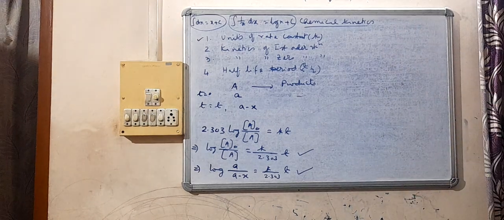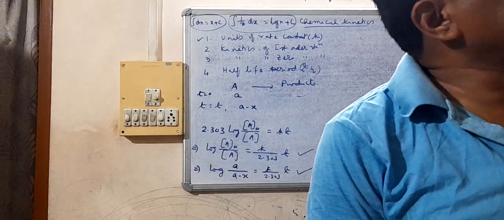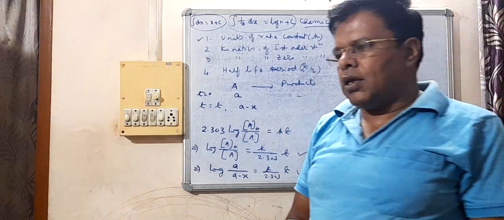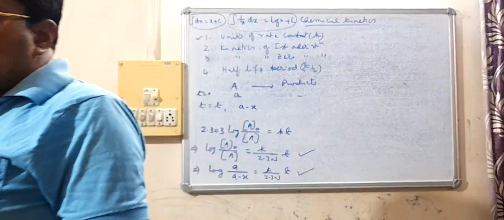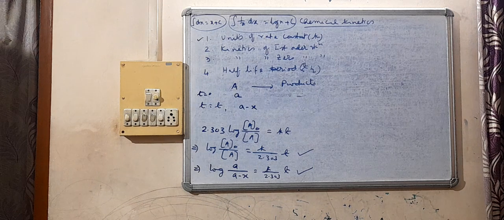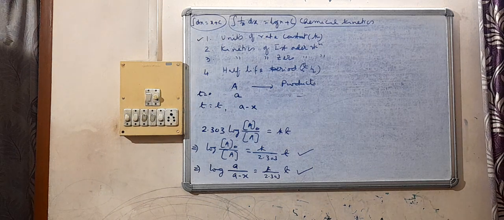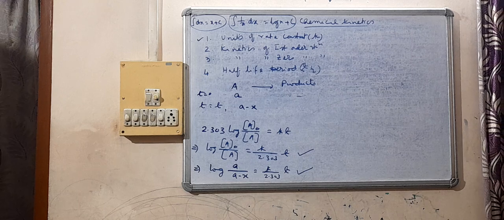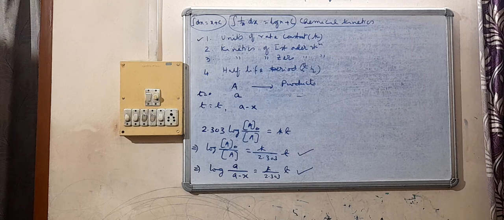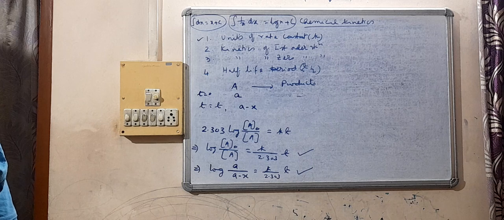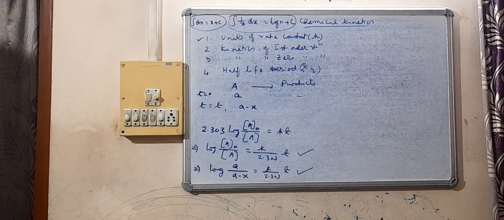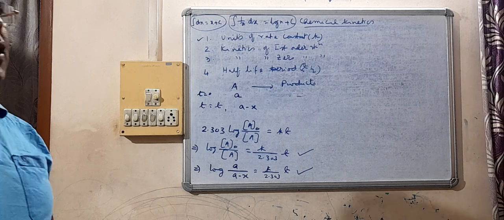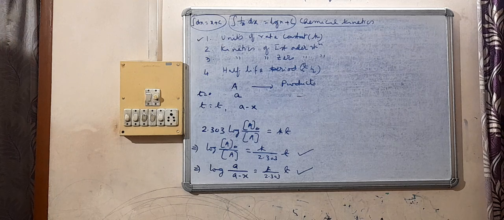Time for half completion of the reaction is called half-life period. Suppose a reaction is completed in say 60 minutes time. So its half-life period will be 30 minutes. Suppose a reaction gets completed in 150 minutes. Then its half-life period will be 75 minutes.